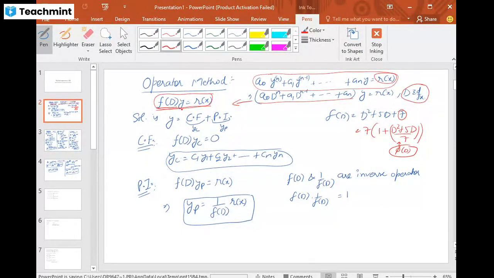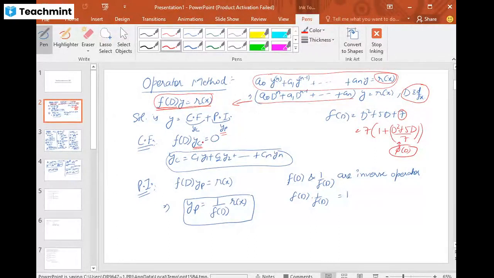In that case, the solution of this non-homogeneous differential equation is the sum of the complementary function and the particular integral, where we denote the complementary function by yc and the particular integral by yp. For the complementary function, we assume the homogeneous differential equation, that means we assume R(x) equal to 0.